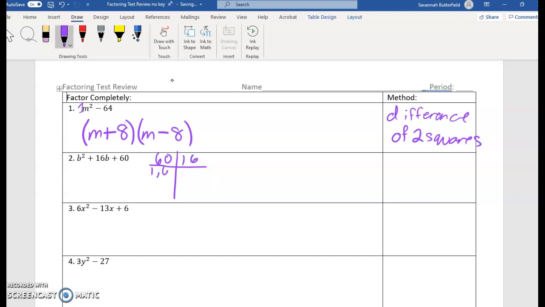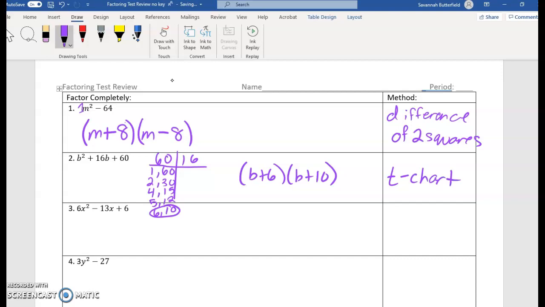So we have 1 and 60, 2 and 30, 4 and 15, 5 and 12, 6 and 10. So 6 plus 10 will equal 16, so this is going to be b plus 6 and b plus 10. The method I used for this was a t-chart. We weren't able to use a GCF.